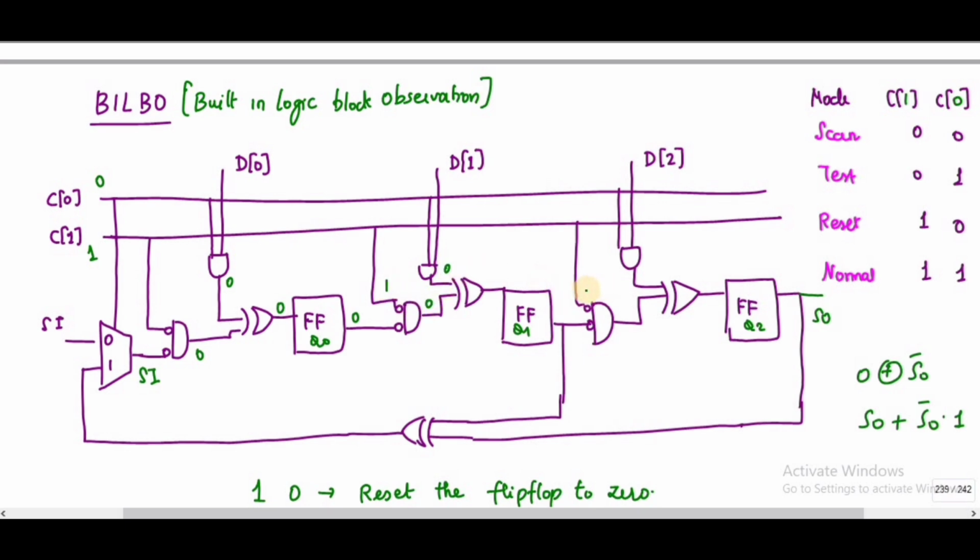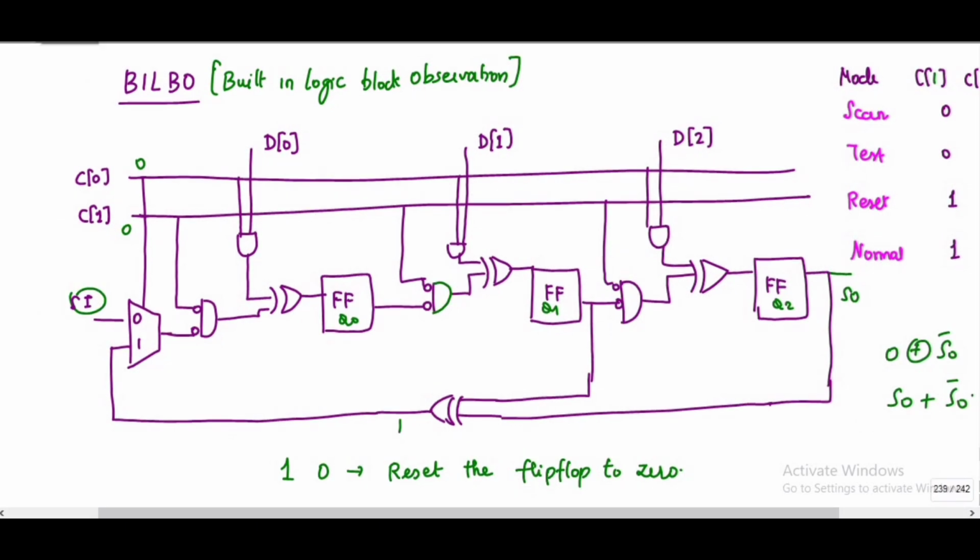So you can see here since it is 1 0, all the values will go to 0.